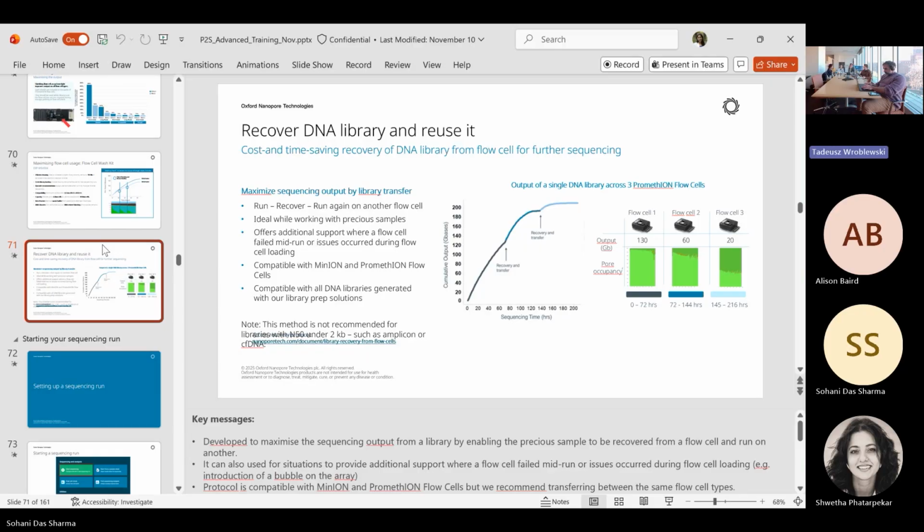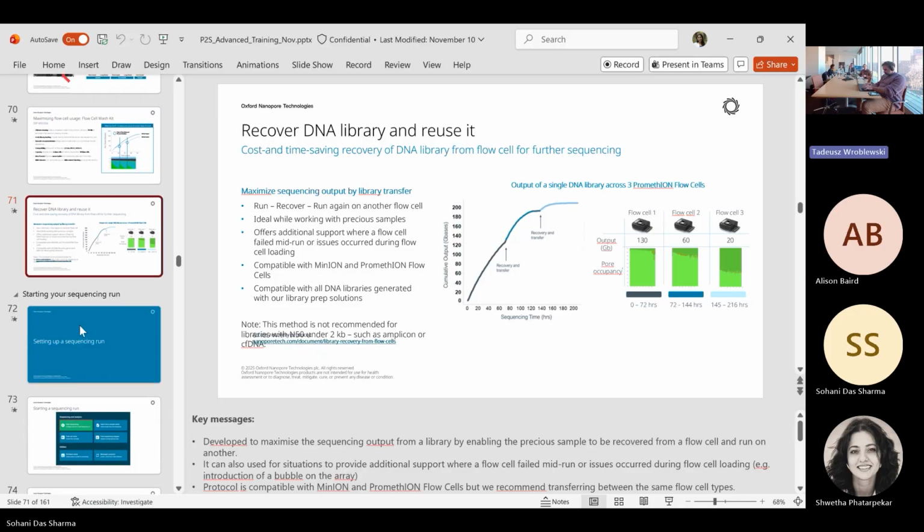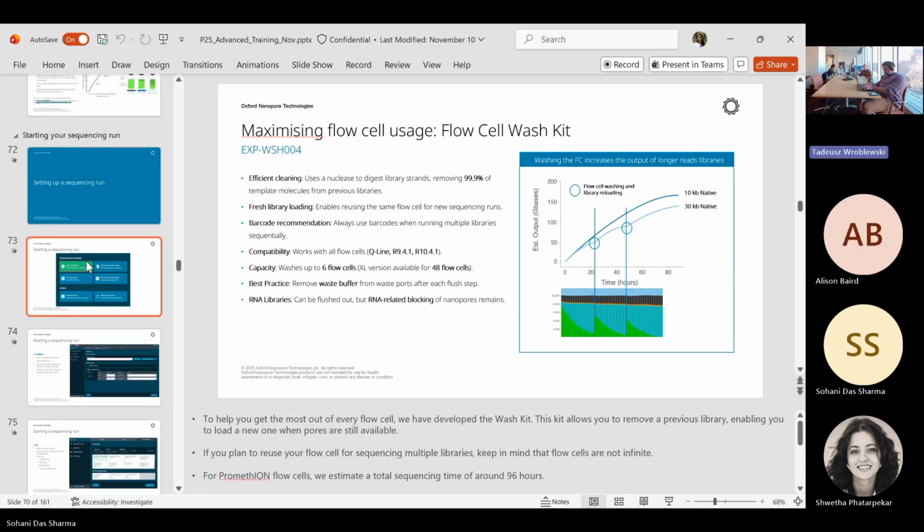Let's use 6, 7, 8 and run. In a clinical lab, we never do that. But I think for research purposes, especially for a pilot, that's a good idea. Yeah, I'll share that protocol.